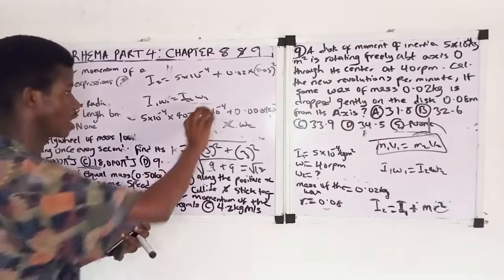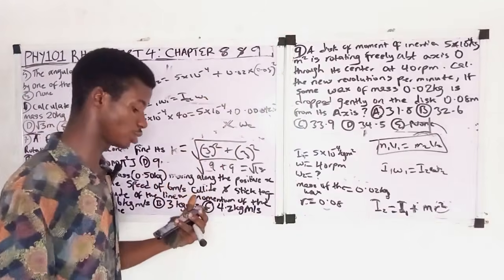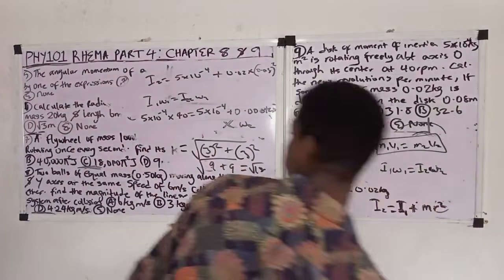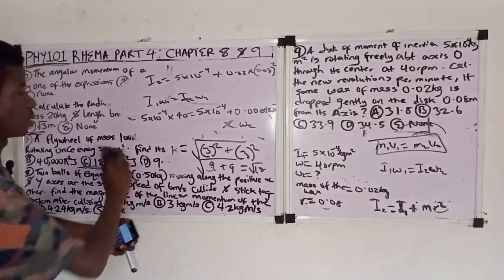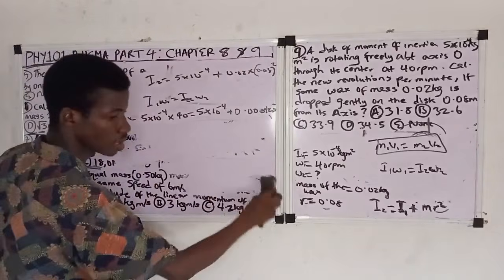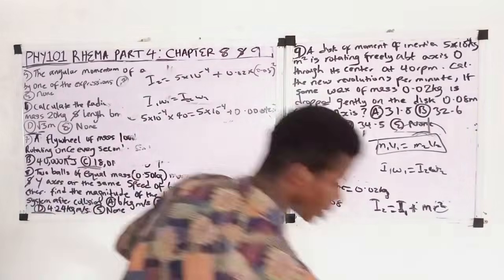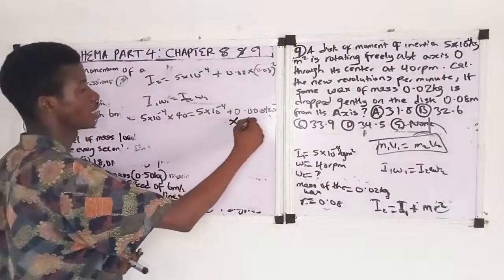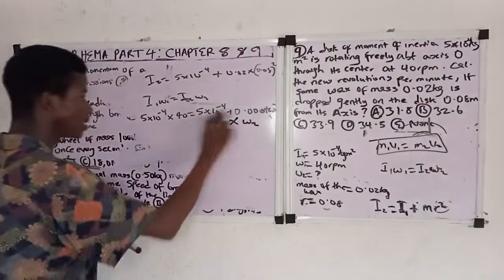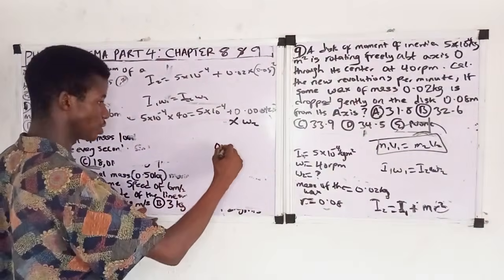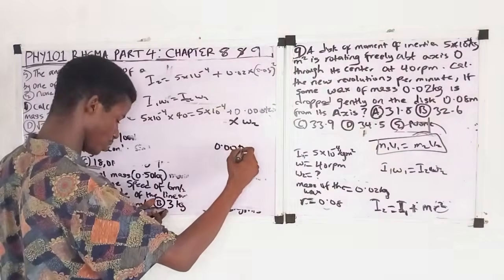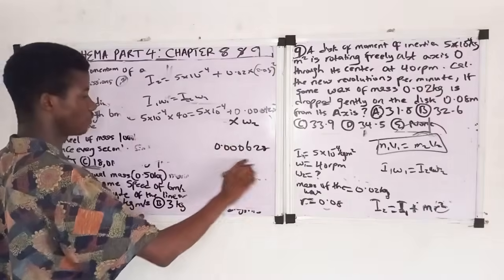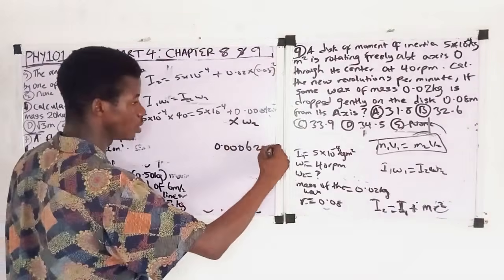Everything here will now be 0.000628, so this one plus this gives us this, then times W2.